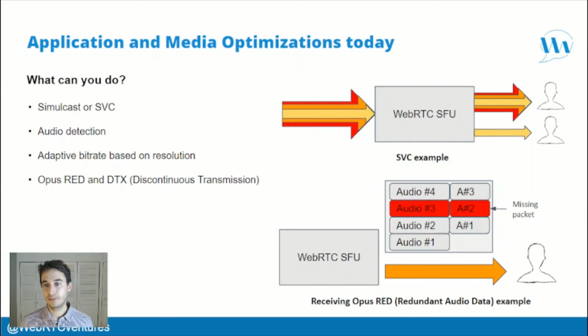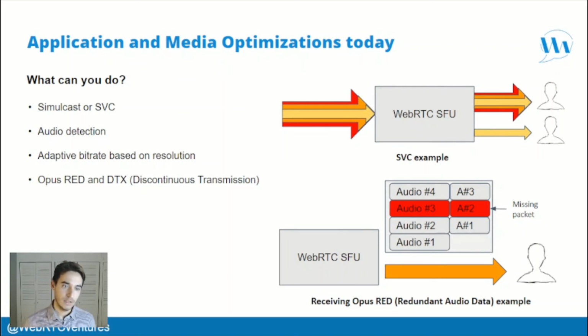So what we are doing is just sending redundant, as the name says, audio, and that would be covered in the next packet. So if one packet is missing, we can recover it in the next round, as it shows in this image. We can see this missing number 2, and then we get it again in the next packet.